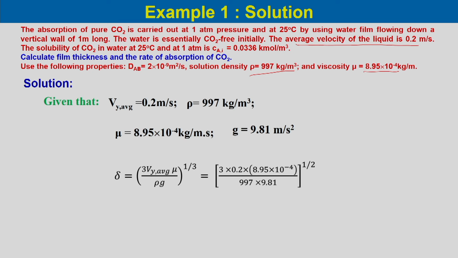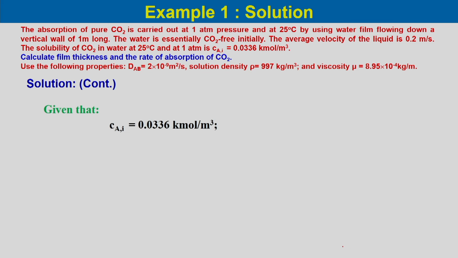Now, for the film thickness, we use the relation which we have derived, delta is equal to 3 V_y average mu by rho g to the power half. If we substitute the values, it is 3 into 0.2 into 8.95 into 10 to the power minus 4 divided by 997 into 9.81 to the power half. So, this will lead to 2.34 into 10 to the power minus 4 meter.